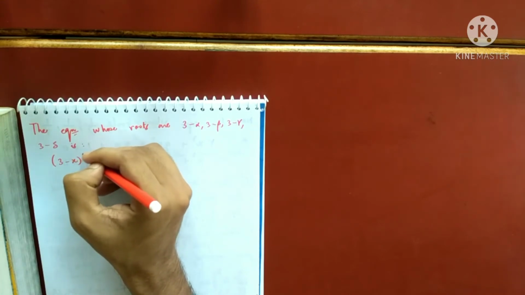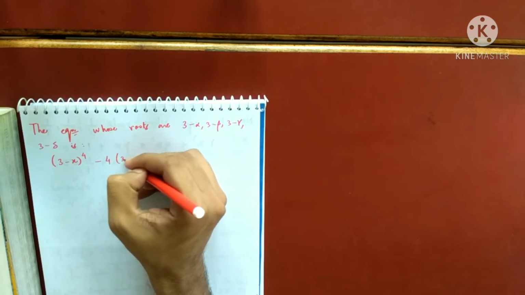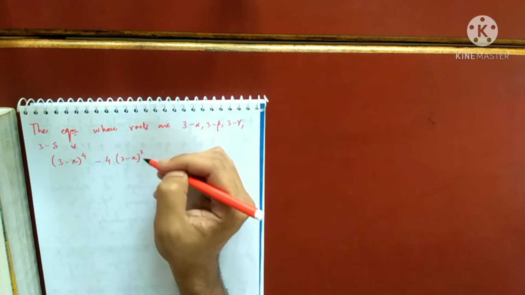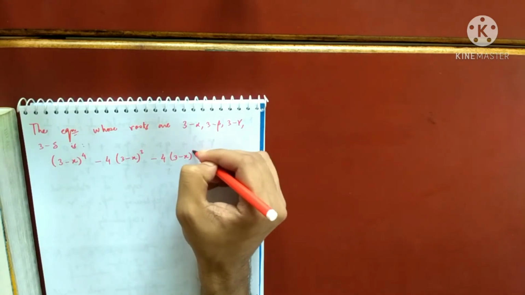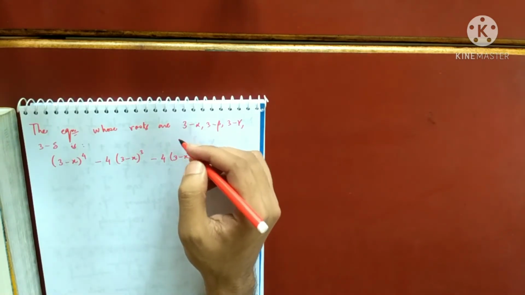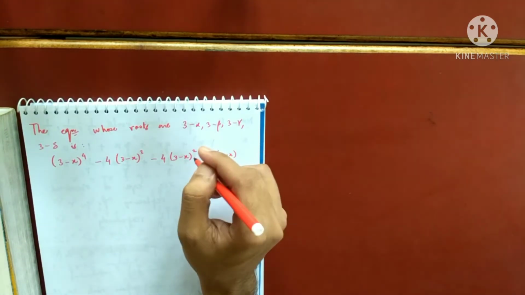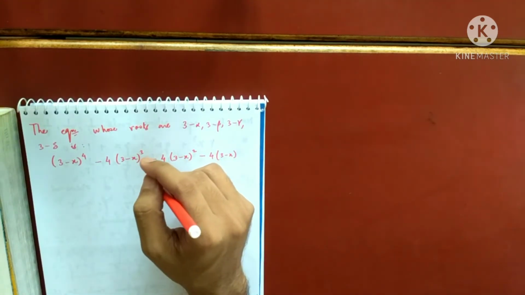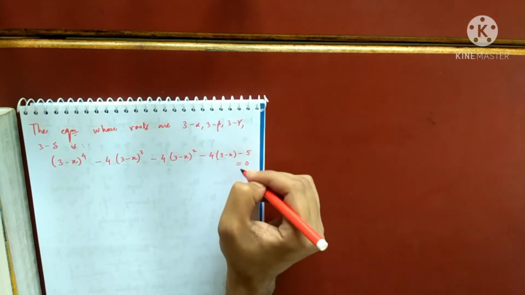So (3 minus x) to the power 4 minus 4 into (3 minus x) whole cube minus 4 into (3 minus x) whole square minus 4 into (3 minus x), and then it was minus 5, equals to 0.